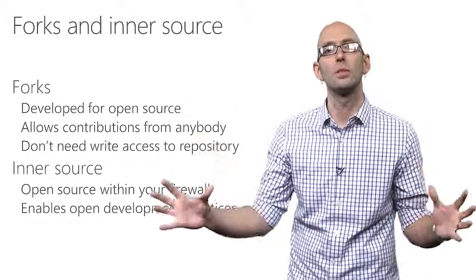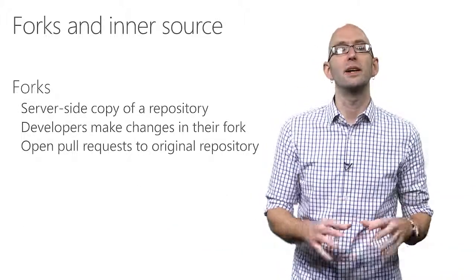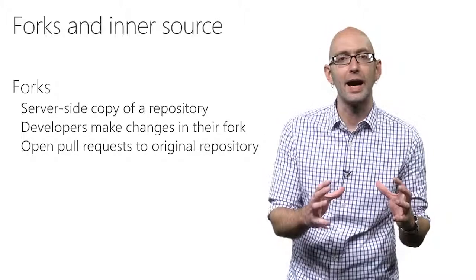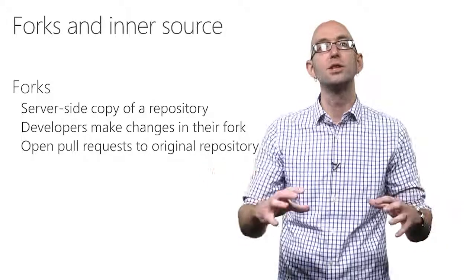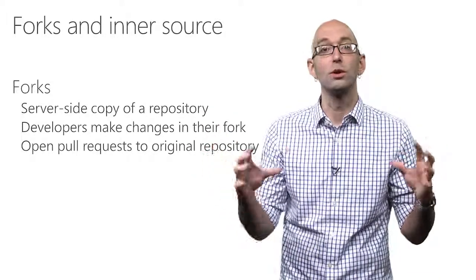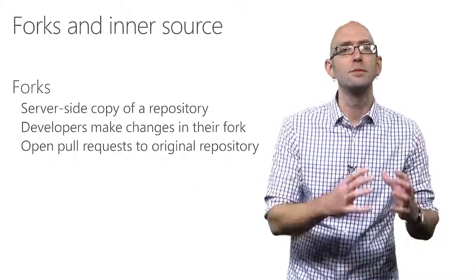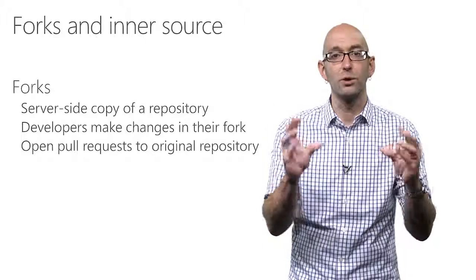practices within your company. Creating a fork means that you create a server-side copy of a repository. So even though you don't have write access to the original repository, you do have write access to your copy of the repository, your fork. This means that you can create a branch, make some changes, and push those changes up to your own repository, your fork.